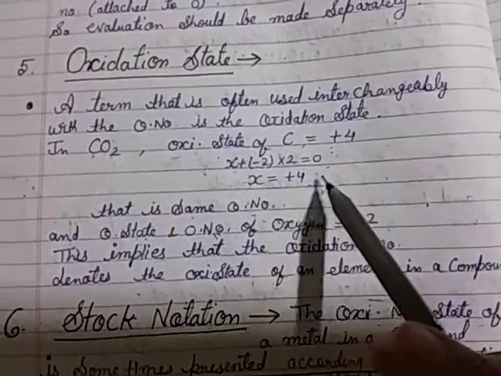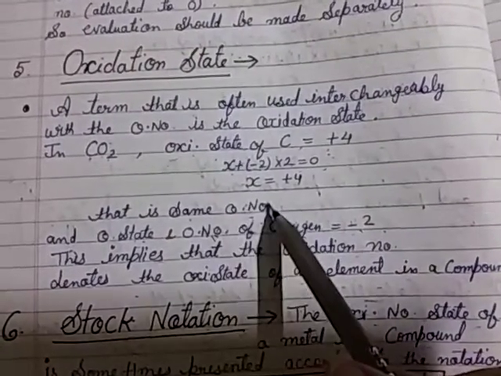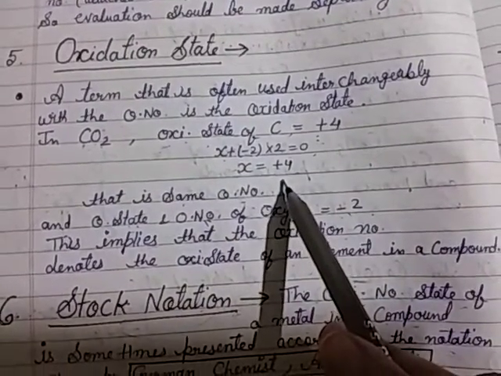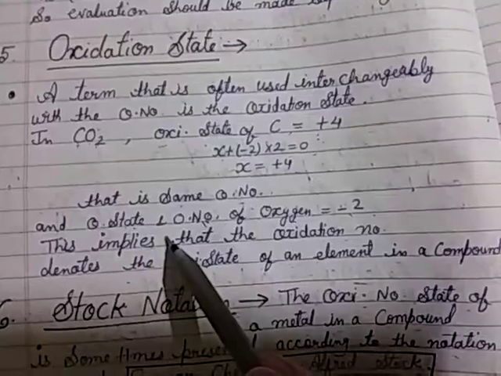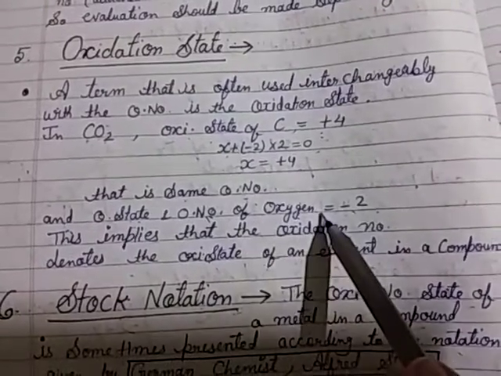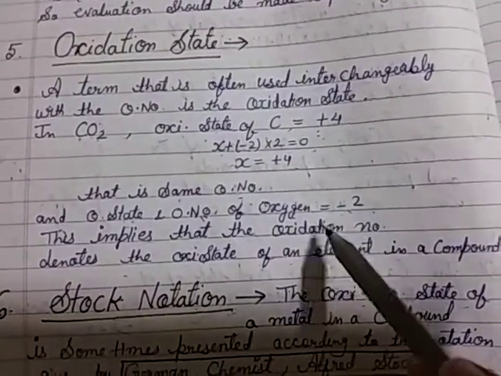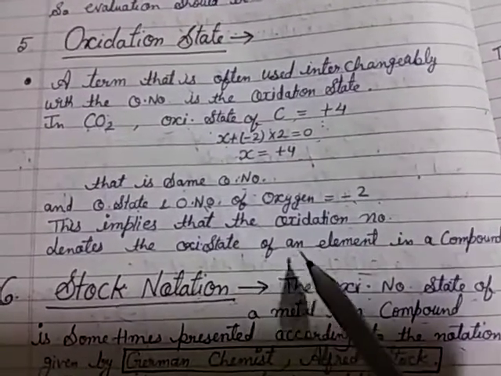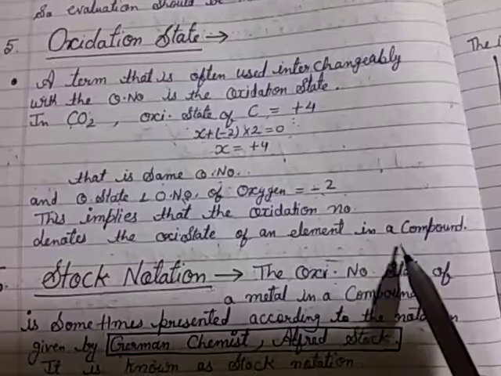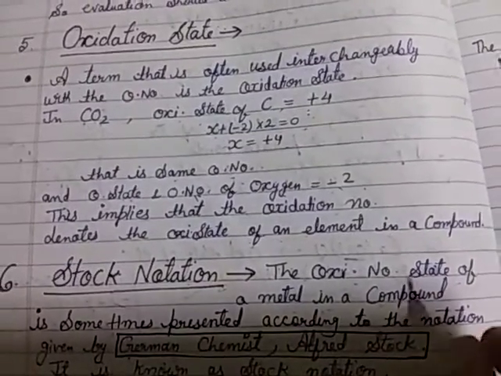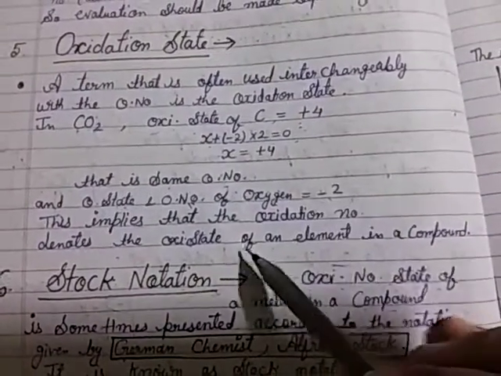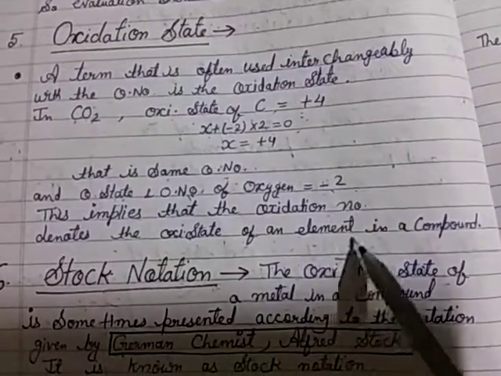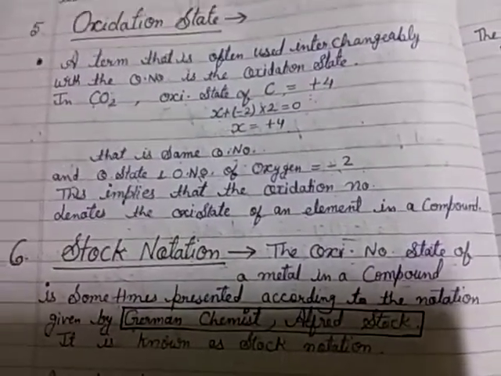So X is equal to plus 4. So that is the same as the oxidation number. Carbon oxidation state plus 4, and the oxidation number is also found to be plus 4. And the oxidation state and oxidation number of oxygen is minus 2. So this implies that the oxidation number denotes the oxidation state of an element in a compound. So both are almost similar, only representing the oxidation state of an element in a compound.